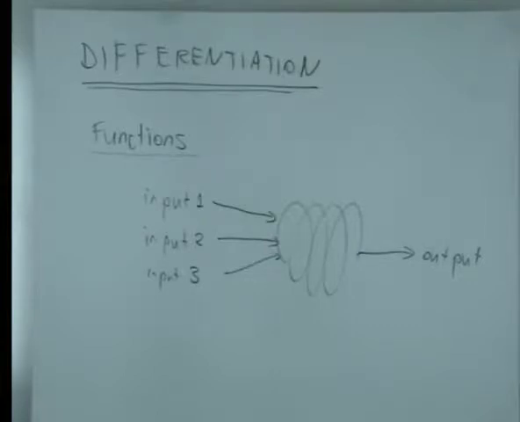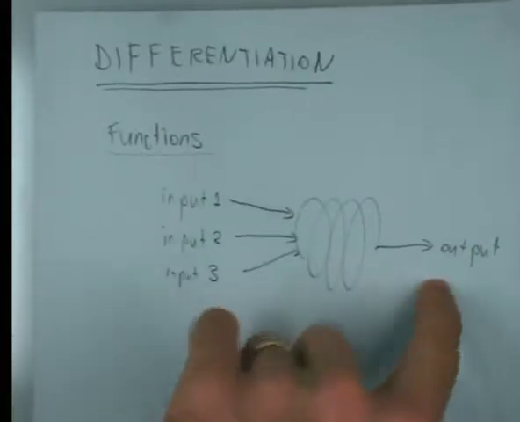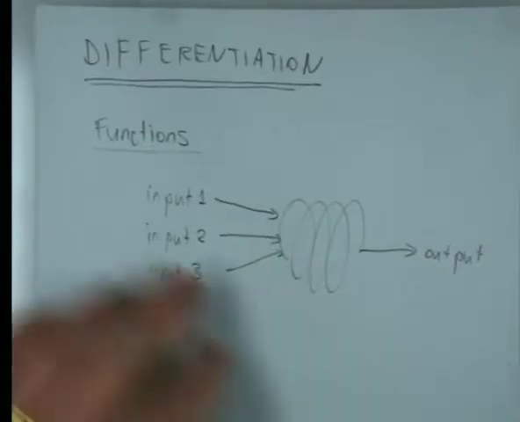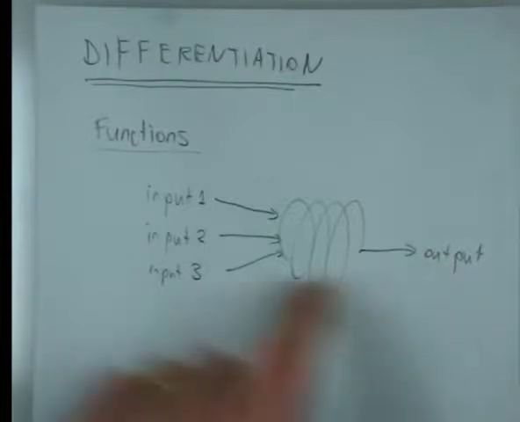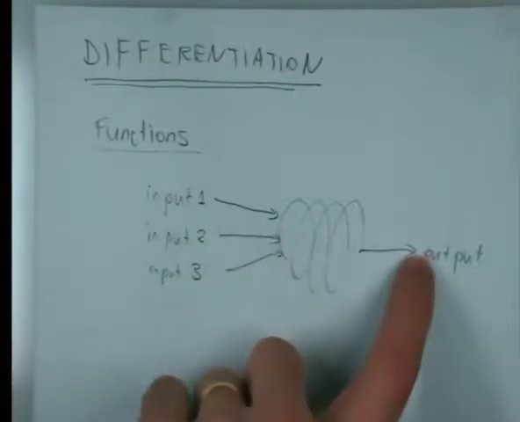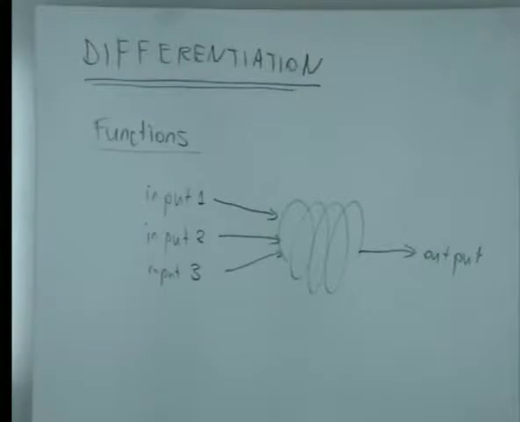Each function has a certain number of inputs and one output. And the idea is that for every combination of inputs, you always get the same output. So you're not allowed to put in the numbers 5, 7, and 8 and get 4 the first time, and then put in 5, 7, and 8 and get a 6 next time. It always comes to the same answer.